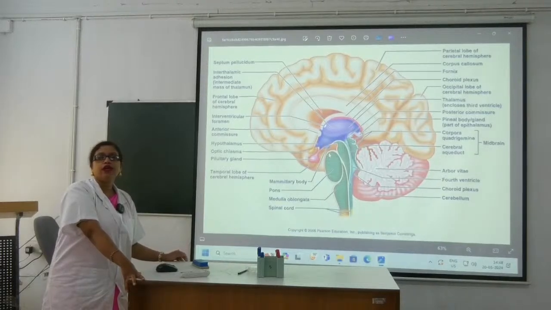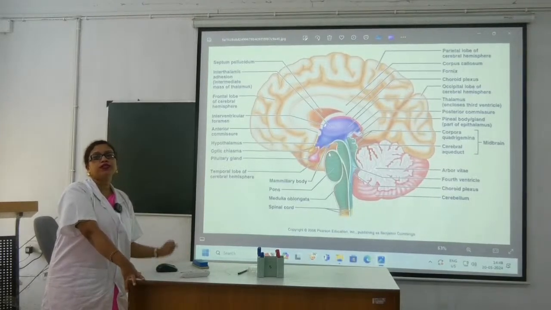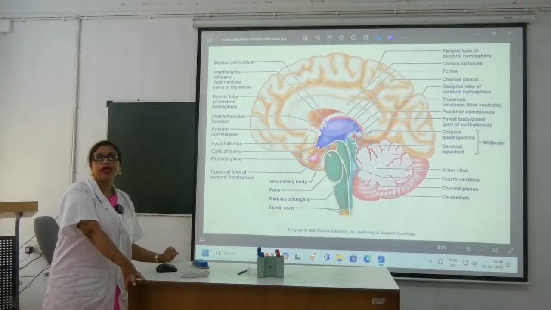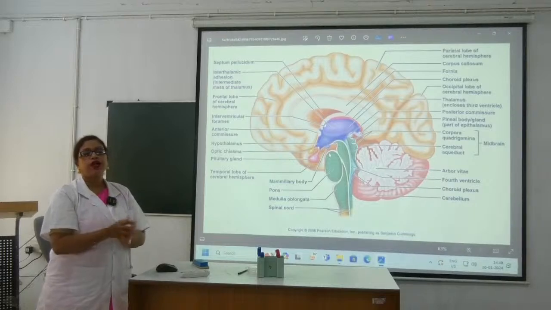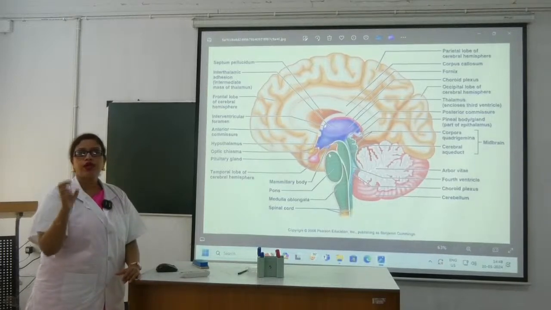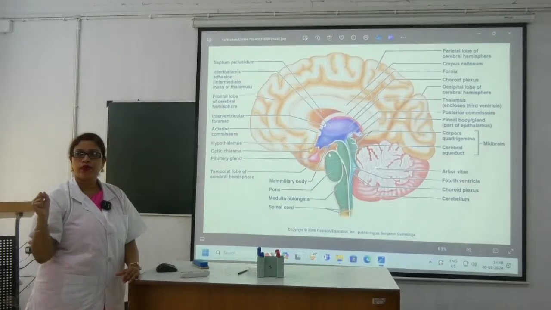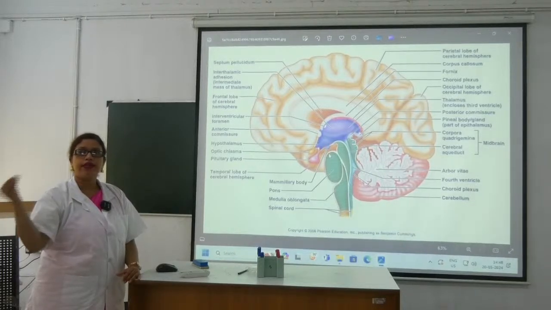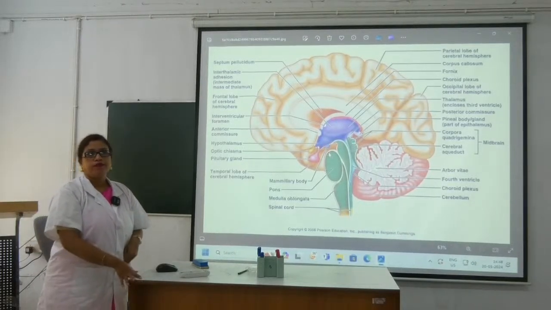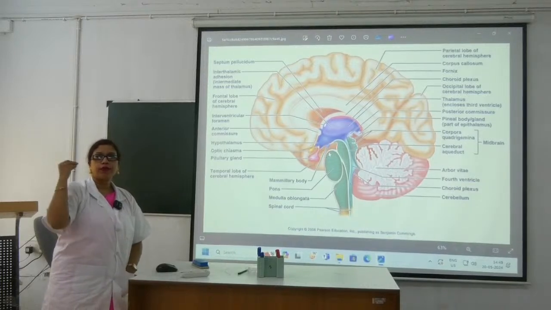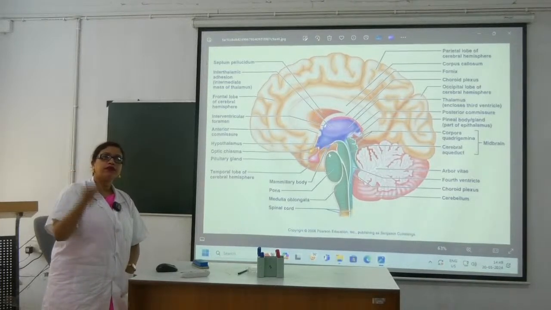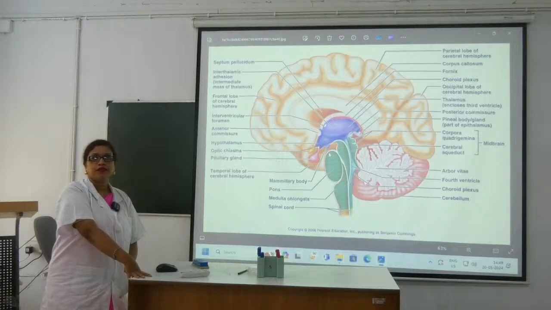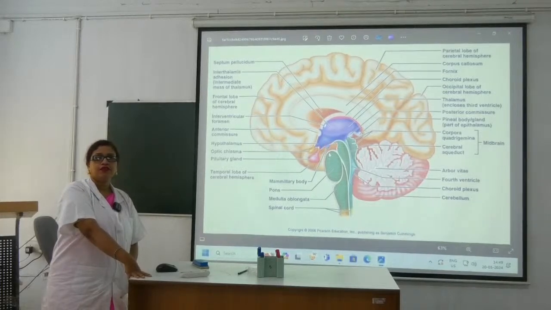Okay, so which geniculate body deals with vision? You know this one, auditory and visual pathway. Now first, you are hearing something, so you are receiving from the organ of Corti, in the internal ear, right? Through the air it goes to the internal ear, then where does it go? It should reach the brain. You have listened to something, right? Where will it go?